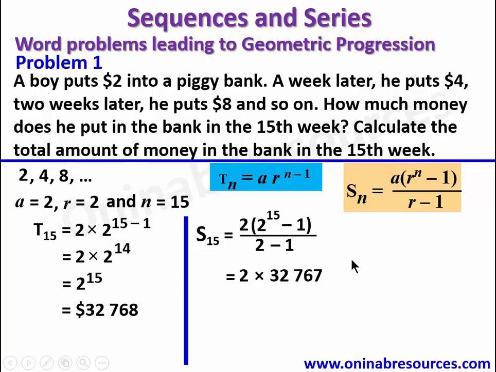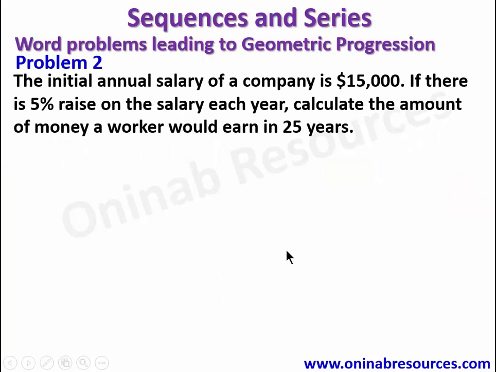So we don't need to put over 1 since 2 minus 1 is 1. So that 2 times 32,767 gives $65,534. That is the total amount of money in the bank in the 15th week. So we are done with problem 1. We go to problem 2.